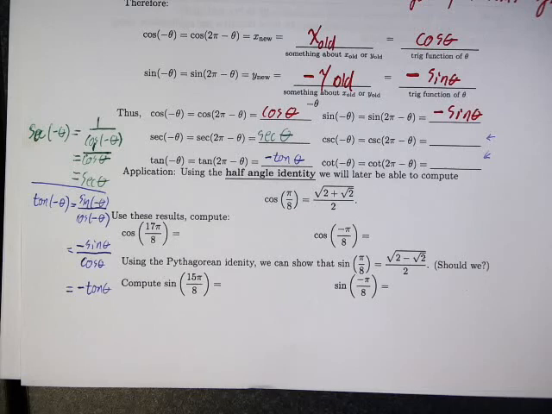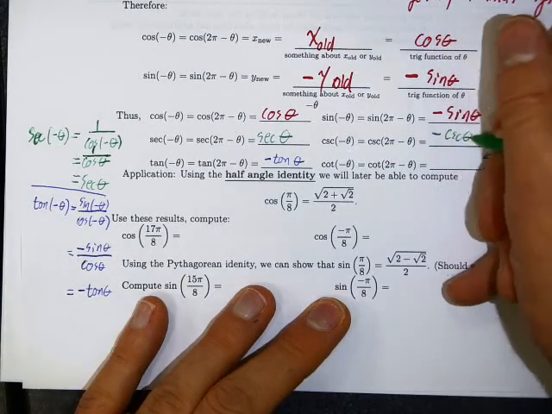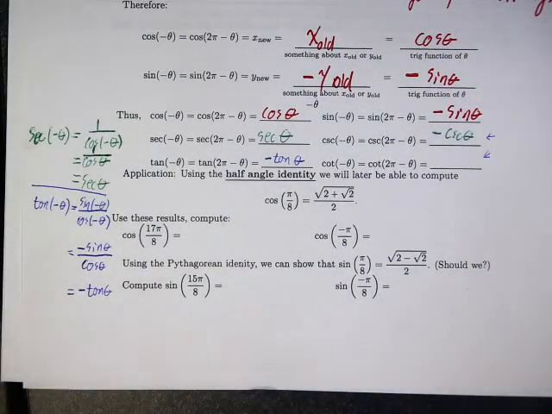People feel pretty ready? So tell me, what is the cosecant of minus theta? Negative cosecant theta. And cotangent of negative theta is?